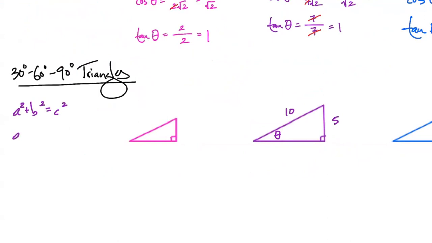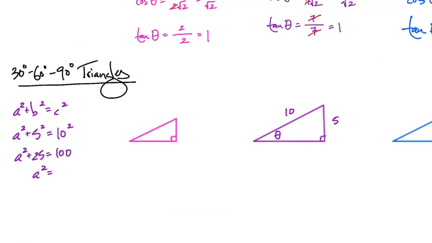Whether you put the 5 in for A or B really doesn't matter, but I cannot emphasize this enough, and I'm sure you've had teachers who've said the same thing: that 10 is the hypotenuse, that better be the C. It better be the one that is all by itself. So we get 10 squared here. So we get a squared plus 25 equals 100.